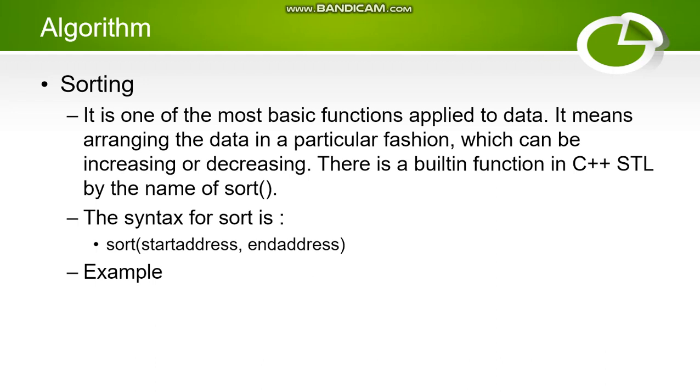There is a built-in function in C++ STL, and the name of that function is sort. With the help of this function we can sort the elements without writing the whole logic for sorting.